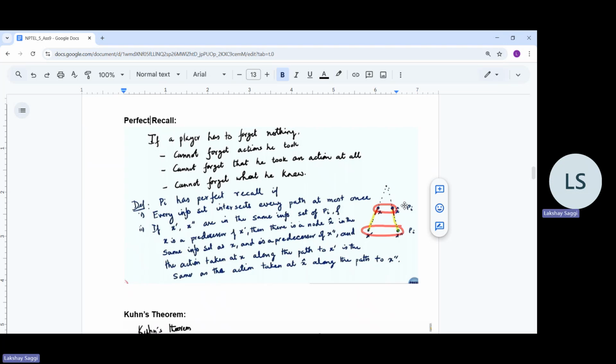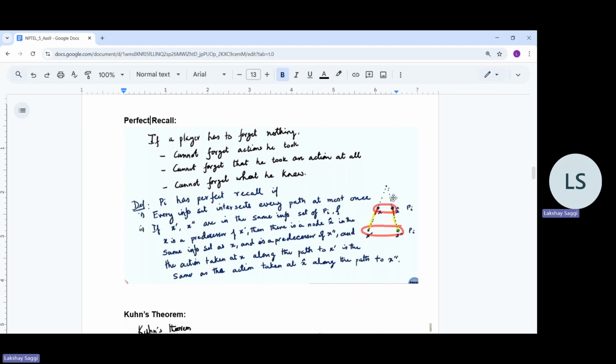This means that the player actually knew something. Suppose x and x hat were in different information sets, then the player could distinguish between these two branches of the game tree, right? So the player actually knew something by which he or she could distinguish between these two branches. But in a later stage, the player has forgotten, and now at x prime and x double prime, the player cannot distinguish between these two branches, right?